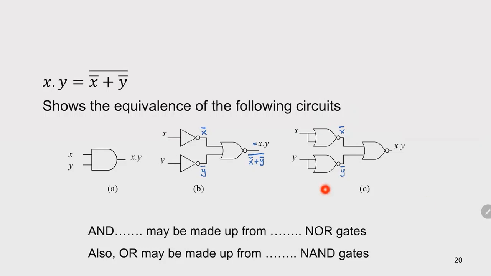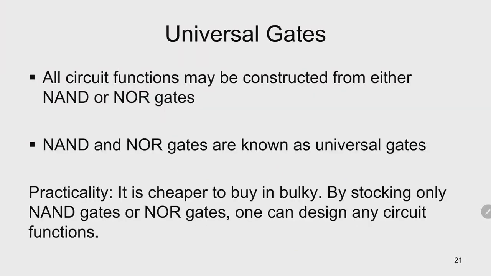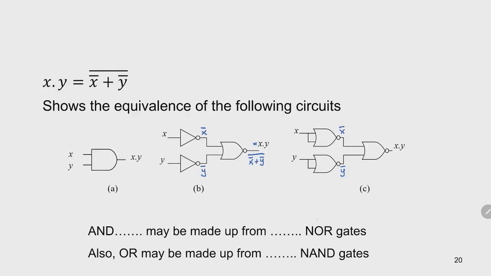Similarly, you can do the same for all functions and implement them using NAND gates by applying DeMorgan's theorem. That leads us to what we call a universal gate. The NOR gate and the NAND gate are called universal gates.